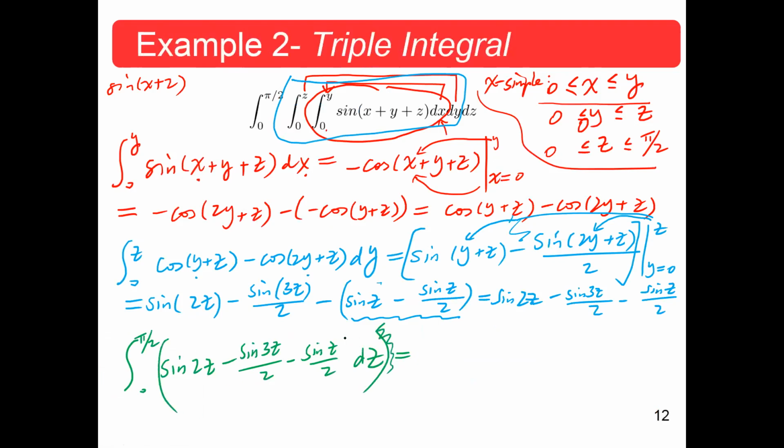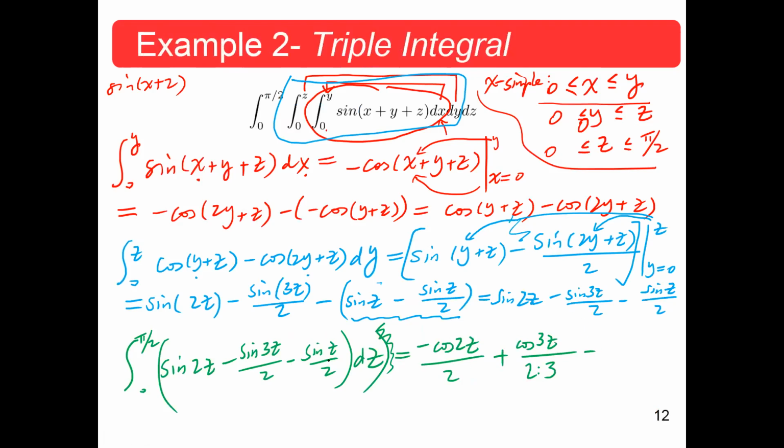Sine 2z's antiderivative will be negative cosine 2z. Don't forget to adjust by dividing by 2, right? Next one will be subtract negative cosine 3z, so it'll be positive cosine 3z. Originally divide by 2, and I also need to divide by 3, so divide by 6.